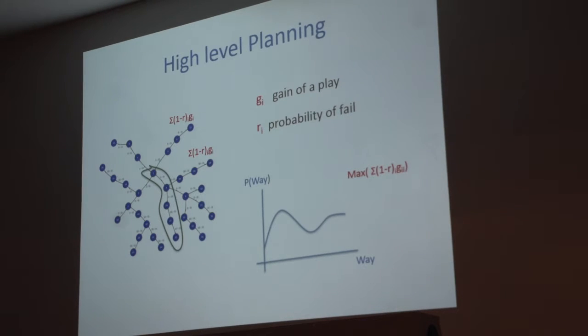Planning means that you have some stochastic information about the place where you are, and you need to take decisions. You need to choose where you are going. And you use a kind of planning algorithm to choose a good strategy for that situation of the game.